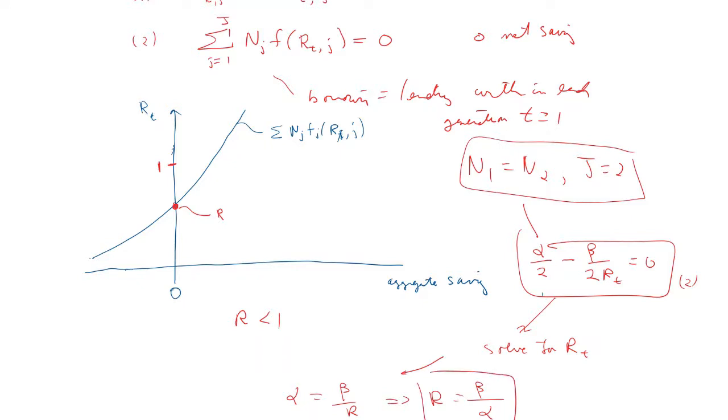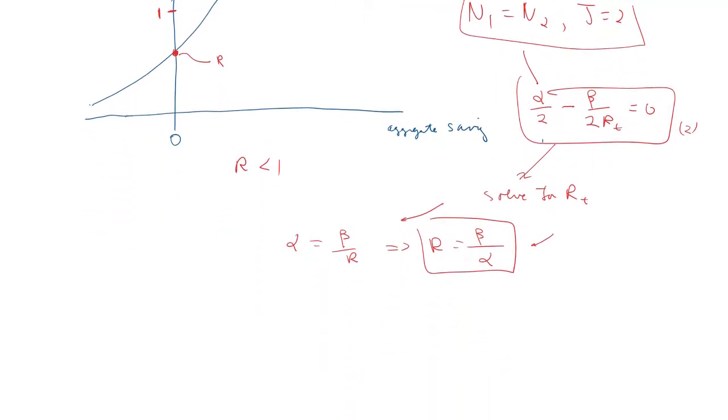So this interest rate might be greater or less than 1 depending on the endowments of the borrowers versus the lenders. That's just an example. So R could be greater than or less than 1. And that's going to open up the door to our next topic, monetary equilibrium.